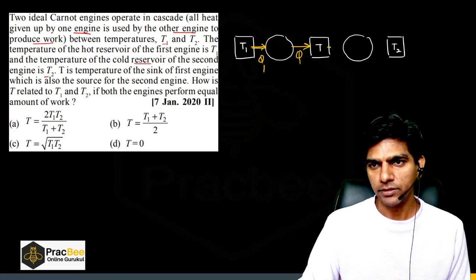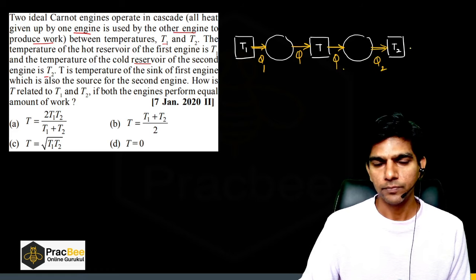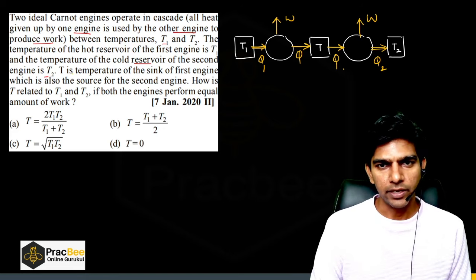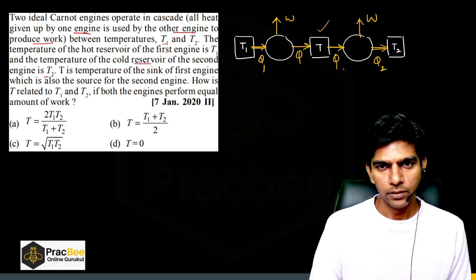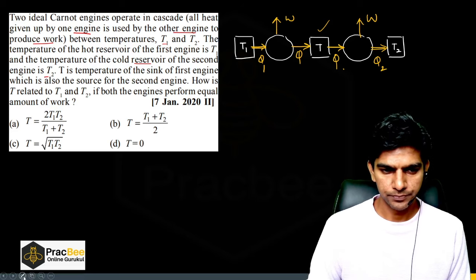And then the second engine takes the same heat from T, and it releases Q2 heat to this reservoir, right? So in doing that, the first engine does the work, say W, and the second engine also does the same work, W. Now we have to find the temperature of this third reservoir which is in the middle. And how is T related to T1 and T2? Both the engines perform an equal amount of work.